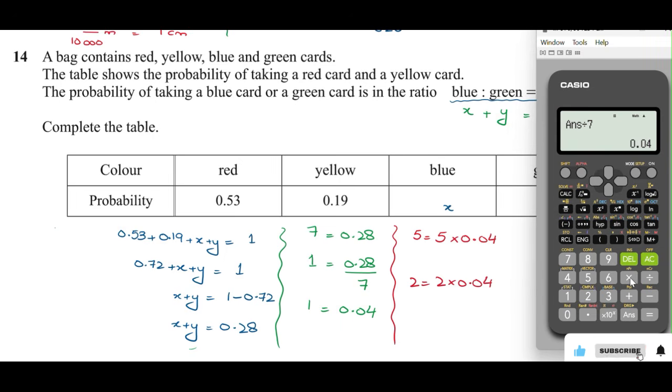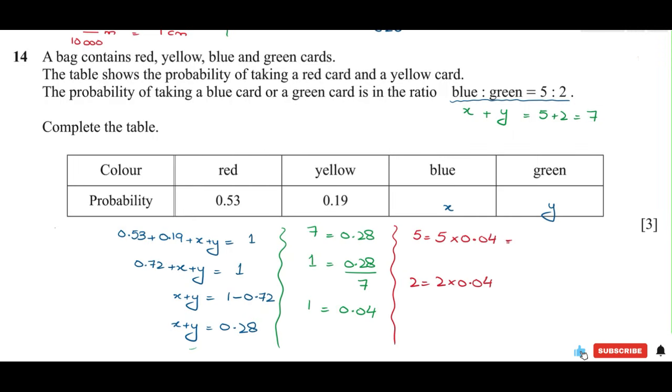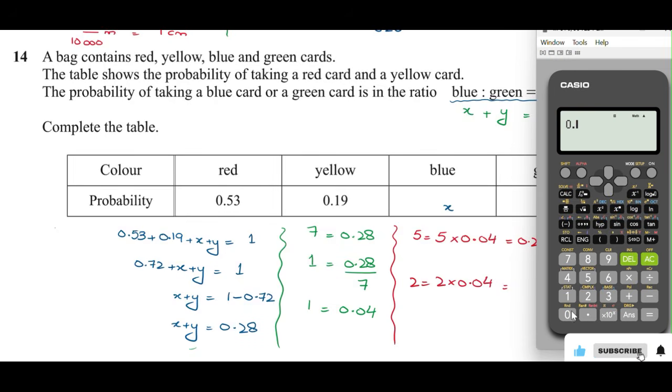Okay, 0.04 multiplied with 5, that is 0.2. And what is 0.04 multiplied by 2? 0.04 multiplying by 2 is 0.08.